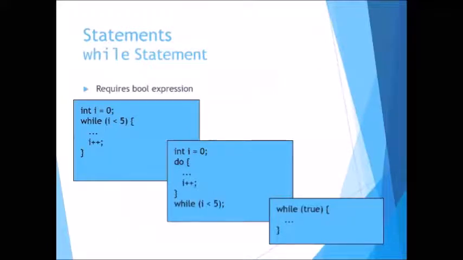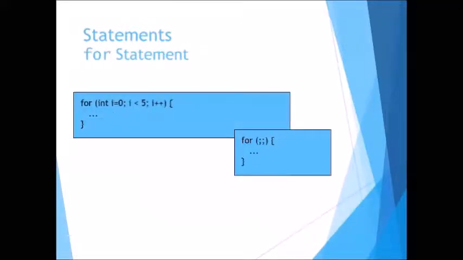Okay, this is the way we are doing the while and do while. See, in the while statement we have while greater than 5. Once it is greater than 5, it will exit from the loop. In do while, the while will be evaluated after the execution only. Okay. These are the statements.